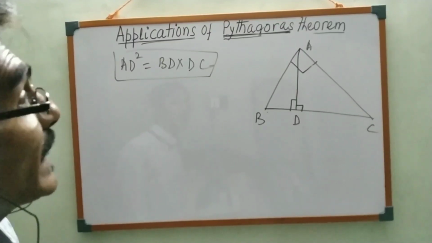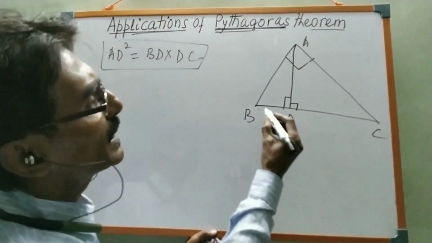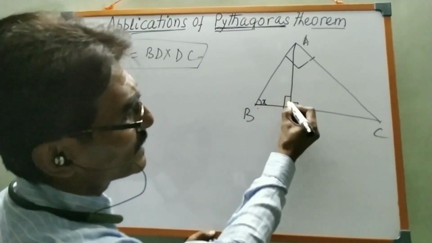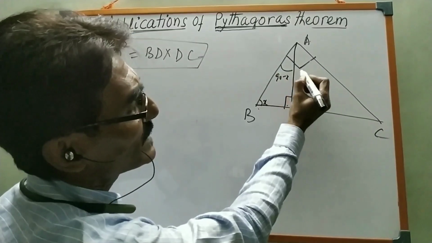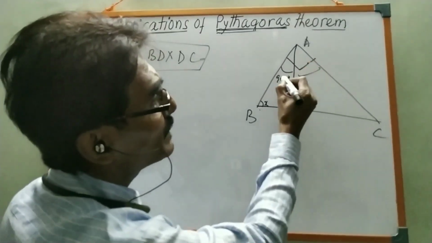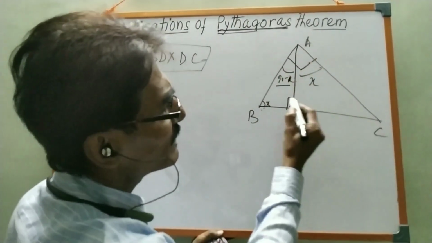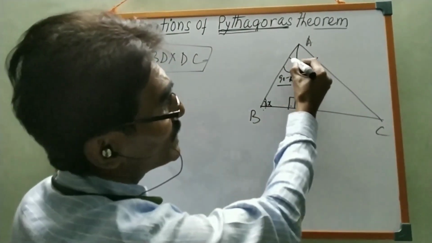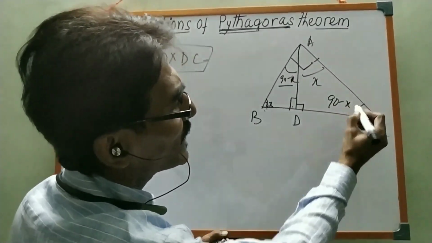Now, at the time of the Pythagoras theorem, we have proved and marked that if this angle is x, this is 90, this angle is 90 minus x. Last day you have done this. In the largest triangle, this is x, this one is 90, the third angle is also 90 minus x.